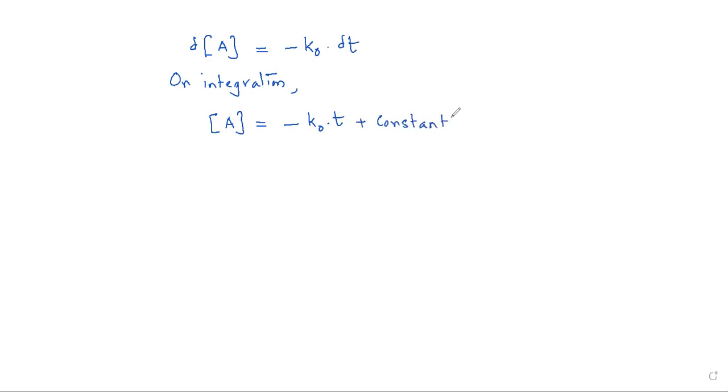Now taking that again, d concentration of A is equal to minus K0 into dt. See, on integration, we get A is equal to minus K0 into T plus constant, right?